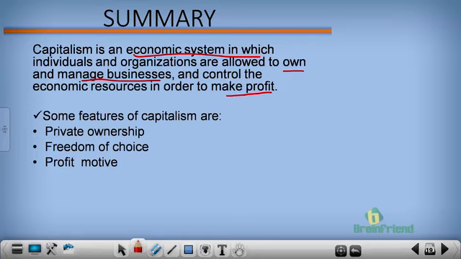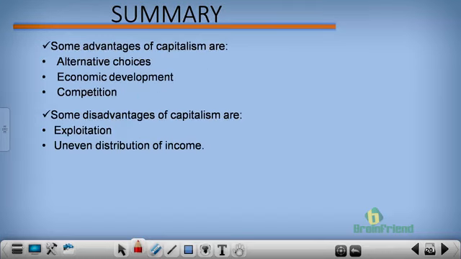And then we looked at some features of capitalism: private ownership, freedom of choice, and profit motive. And then we went on to look at some advantages of capitalism, such as alternative choices made available to consumers mostly, and economic development that comes about as a result of the success of most capitalist owners of businesses and their likes.